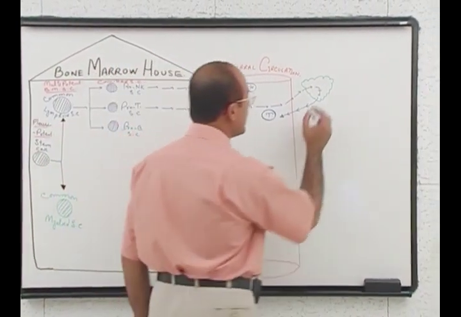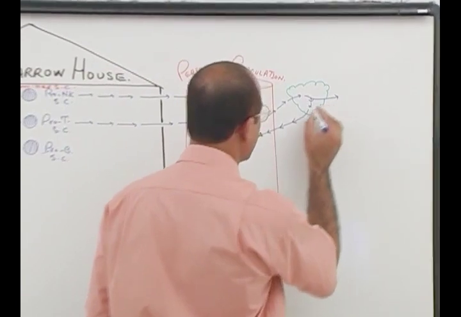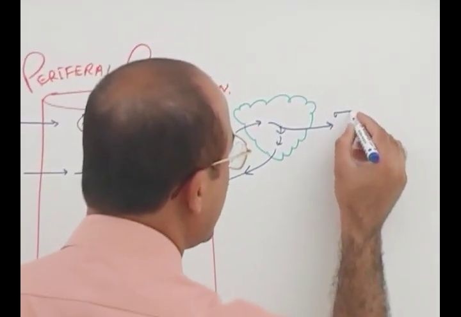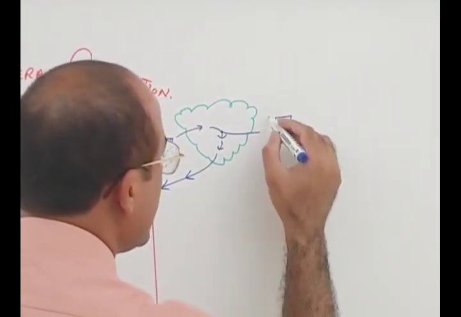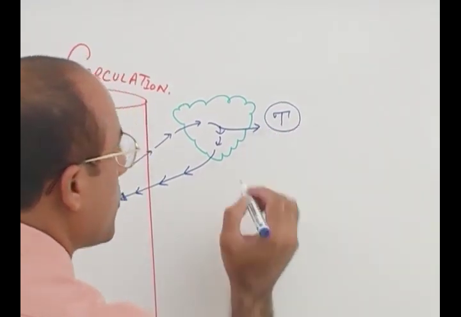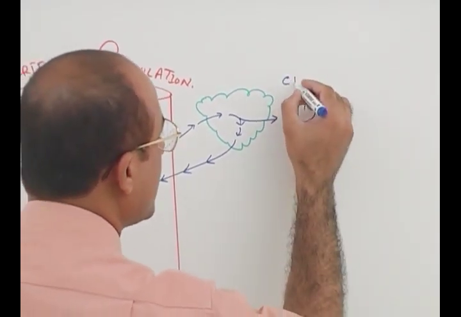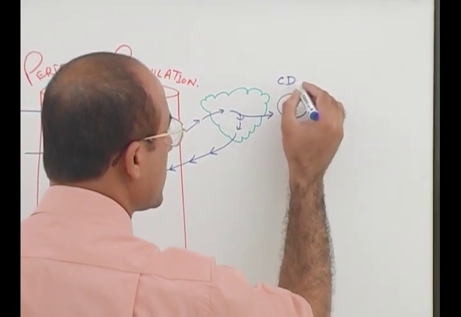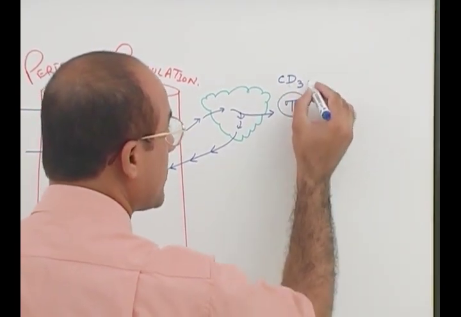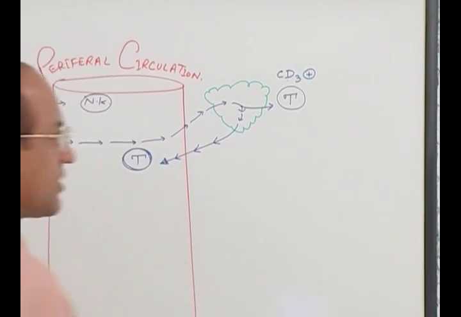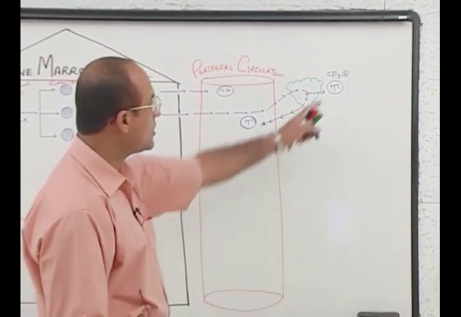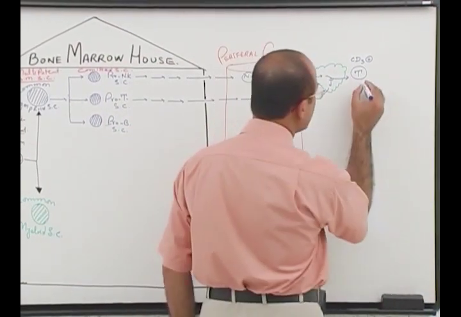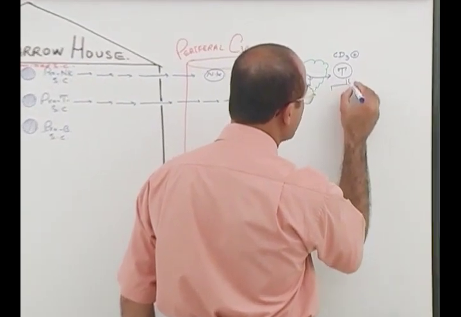So we can say that these T lymphocytes which come out of the thymus have a unique protein on the surface which is called CD3. So these are CD3 positive cells. T cells are CD3 positive cells. These T cells are divided into two types of cells.